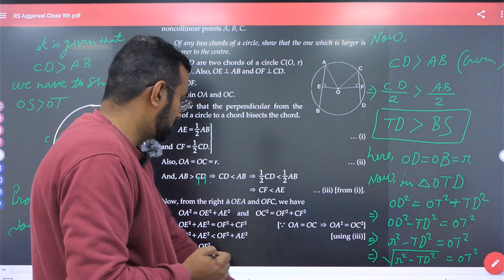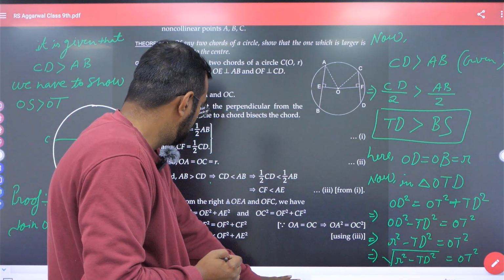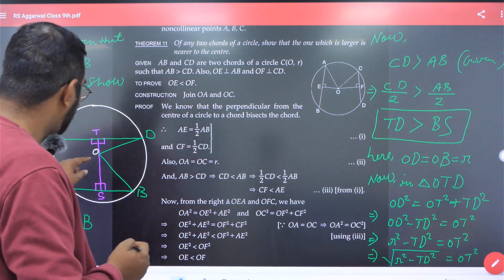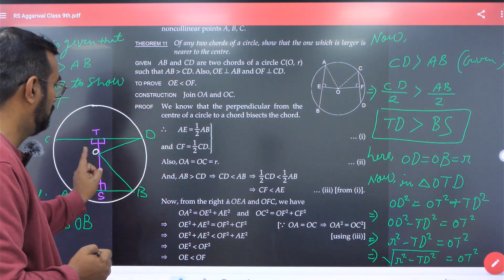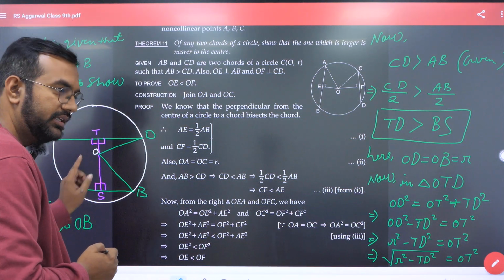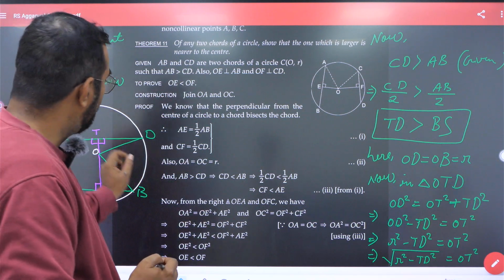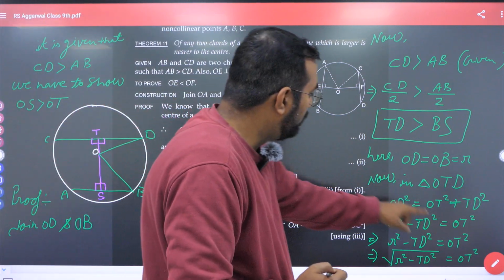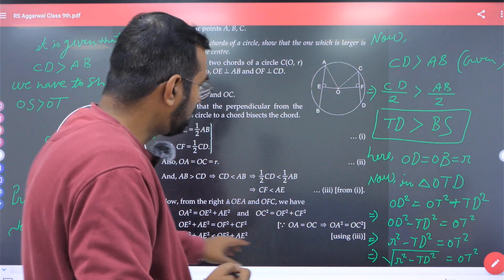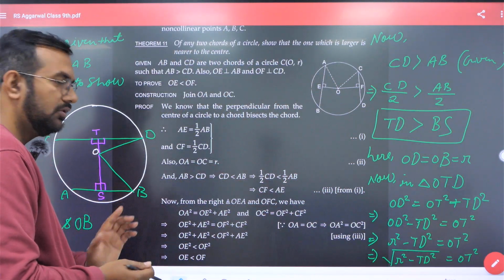Now come in triangle OBS. Okay, in this triangle we will find OS. As you see कि in this triangle we find OT, in this triangle we will find OS.